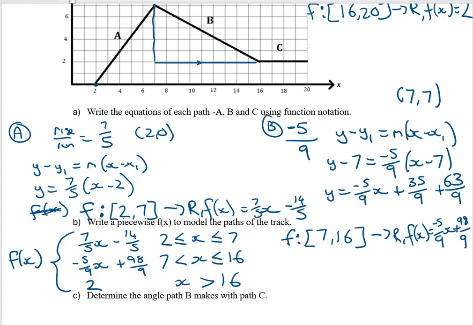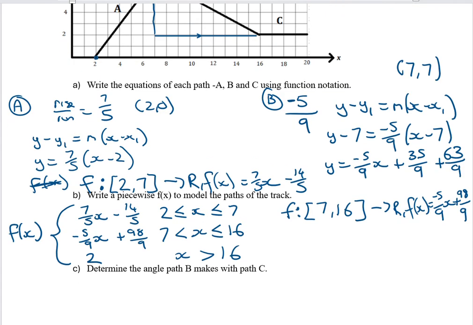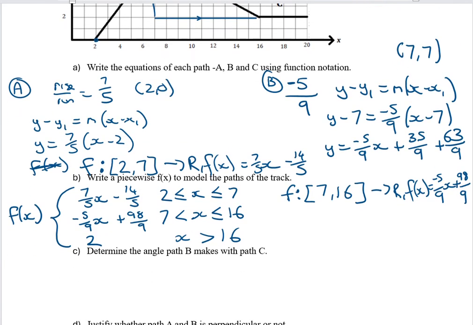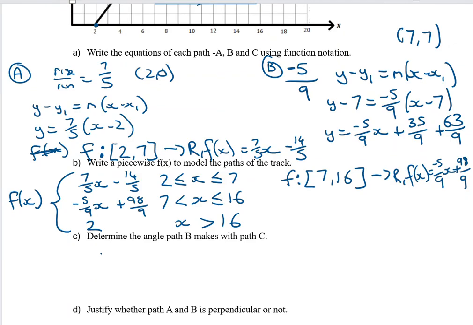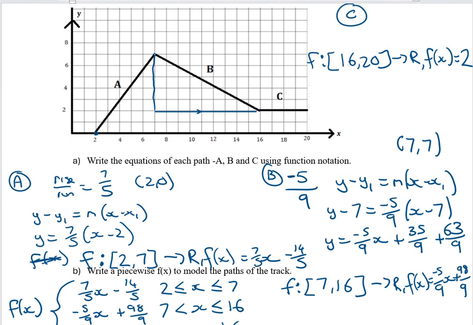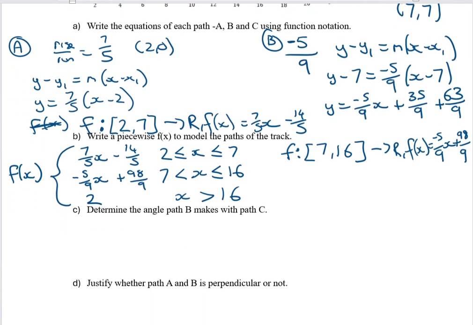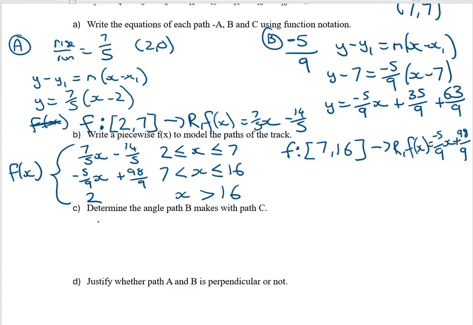Determine the angle path B makes with path C. So again, we are thinking about our tangent relationship. Because we know our tangent is opposite over adjacent, and that gives us our angle here. So we're going to use that.